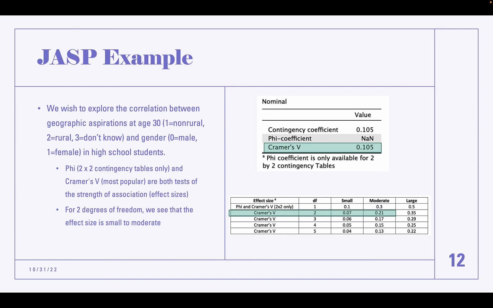All right, and for 2 degrees of freedom, Cramer's V gives us a small, moderate, and large effect size. Our Cramer's V for this problem is 0.105, and we see that 0.105 falls between small and moderate, so we see we have an effect size of small to moderate.